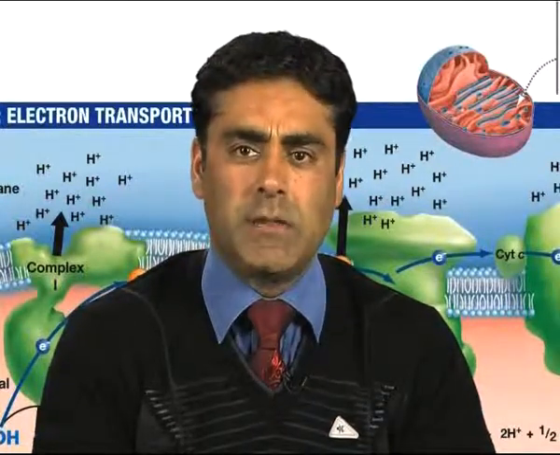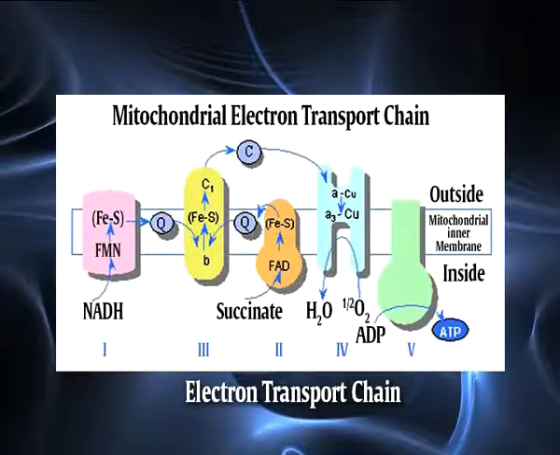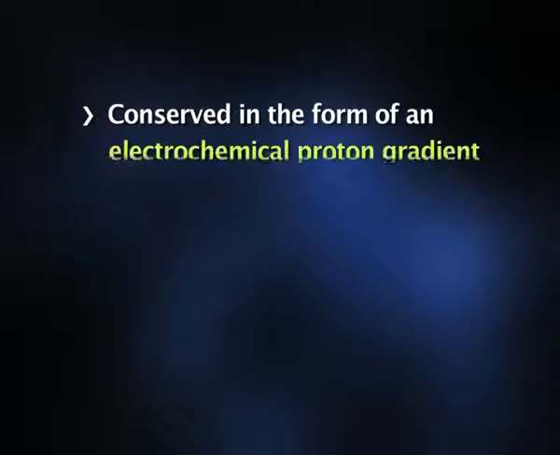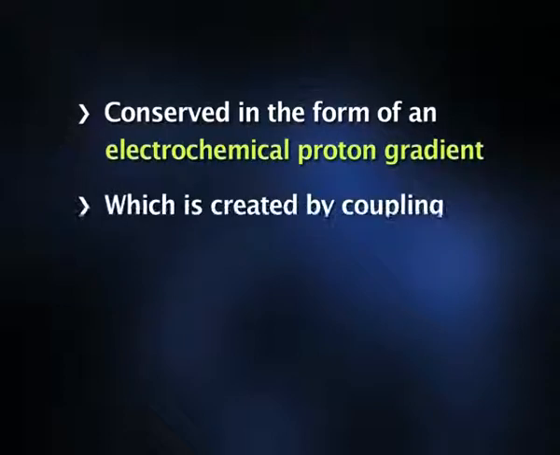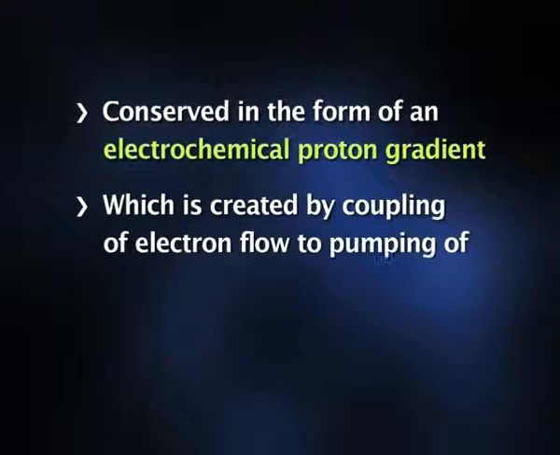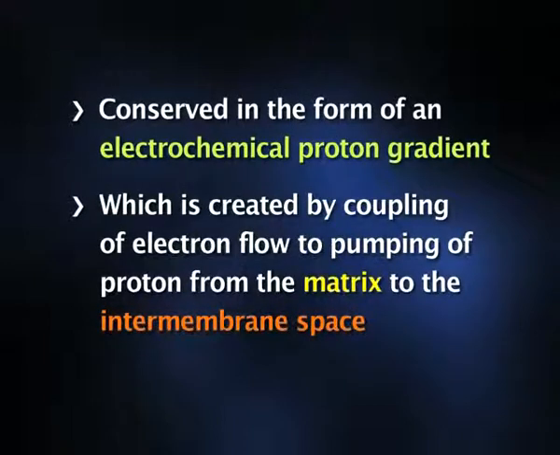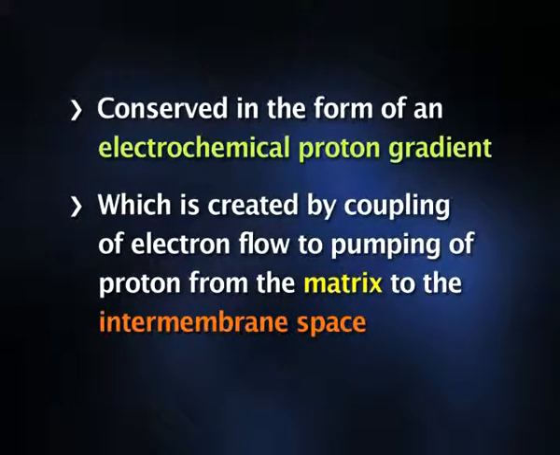In the third stage of oxidative phosphorylation, electrons from NADH and FADH2 pass through the electron transport chain in the inner mitochondrial membrane to reduce oxygen. The chemical energy is conserved in the form of an electrochemical proton gradient, which is created by the coupling of electron flow to pumping of protons from the matrix to the intermembrane space.